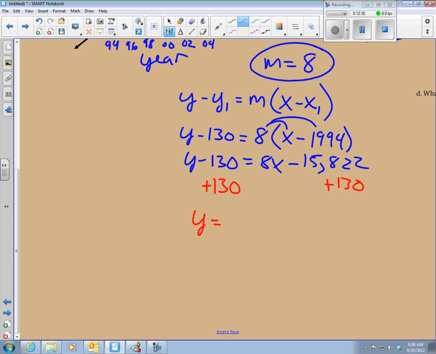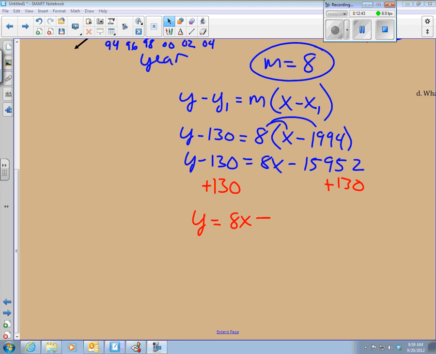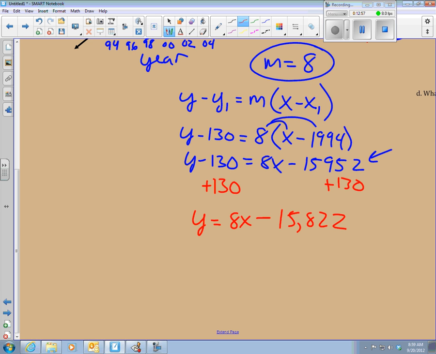You end up with y equals 8x minus... Oh, I made a mistake here. Let's go back. This number is actually 15,952, plus the 130 is going to give me negative 15,822. Now my slope is 8.